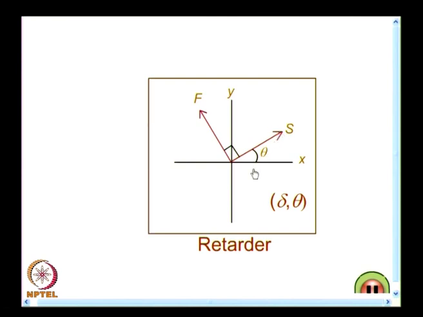because when we develop mathematics we need to follow some convention. We are only representing a convention here, and this convention we will consistently follow for all our analysis of other optical arrangements as well.